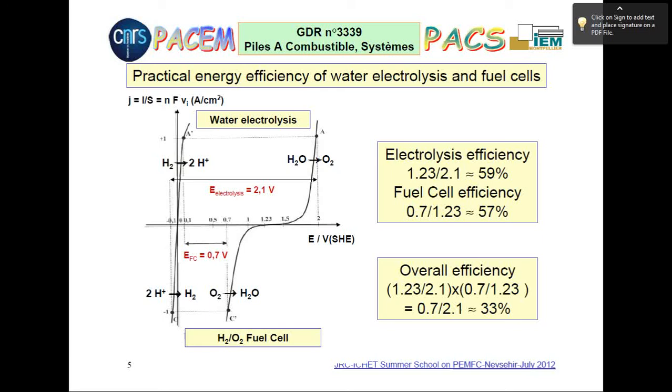It is not the cell voltage. To make an electrochemical device, you must have 2 electrodes. With 1 electrode, you cannot do anything. You cannot measure any potential, you cannot measure any current. So you need 2 electrodes, and for each electrode, as I will show you, you can define an electrode potential.